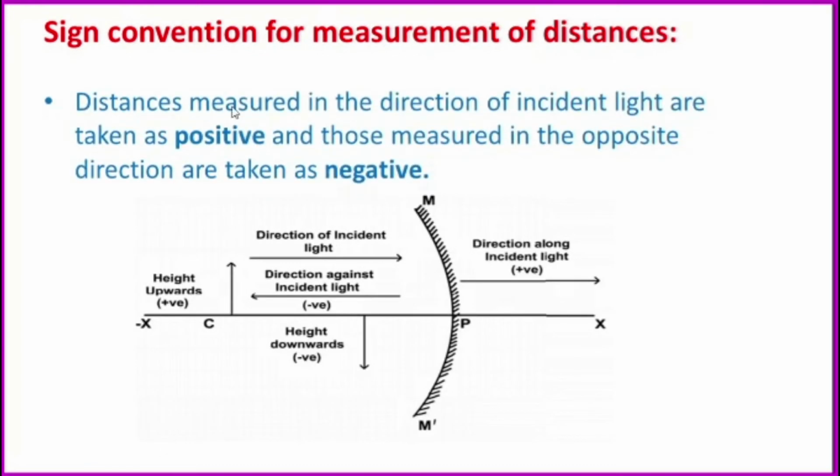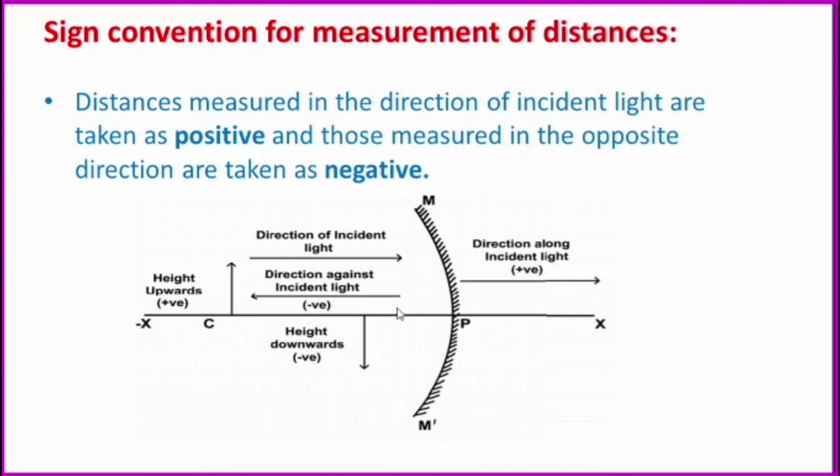Okay. Distances measured in the direction of incident light. In the diagram, this is the direction of incident light. ஏன்னா ஆப்ஜெக்ட் இங்கே தான் பிளேஸ் பண்ணியிருப்போம். From the object the incident ray comes in this direction. This is the direction of incident light. So any distance measured in the direction of incident light is taken as positive. Okay.